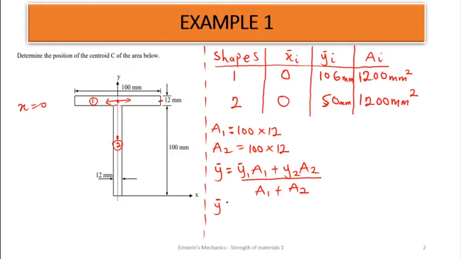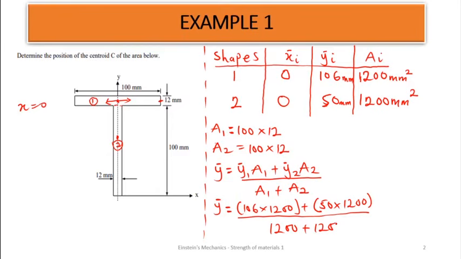Therefore, the y bar is going to be: what is the y center for the first figure? 106. So that's 106 multiplying the area 1, 1200, plus the y center for shape 2, which is 50, multiplying the area 1200, all divided by the total of the area, 1200.